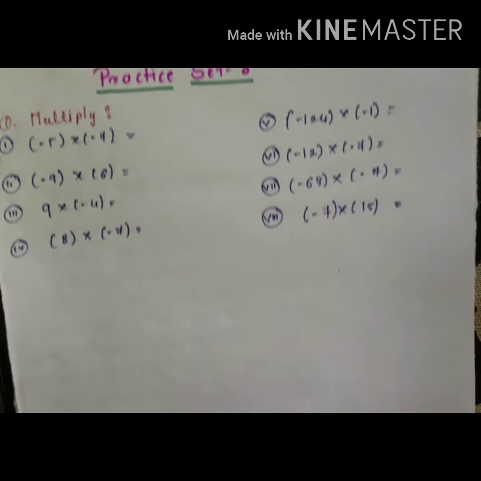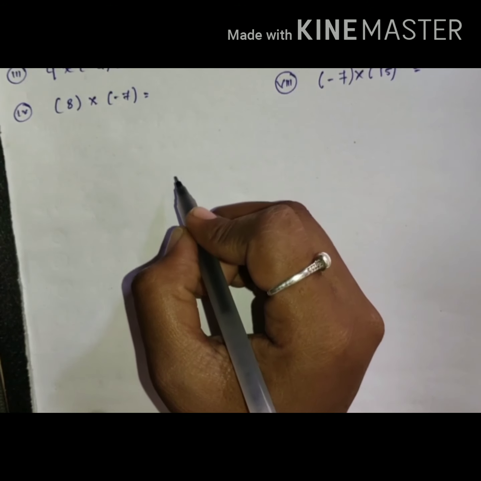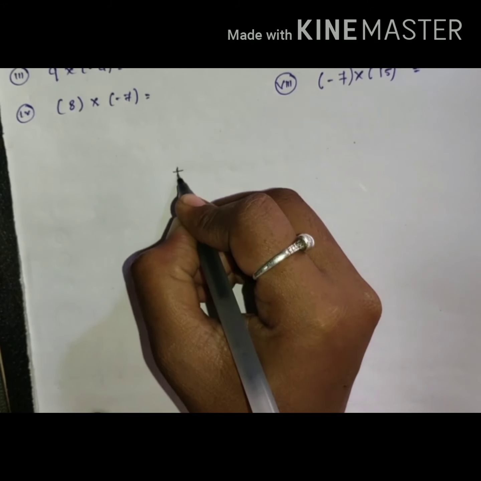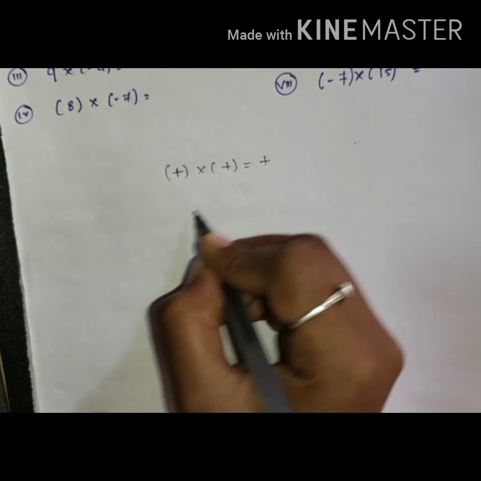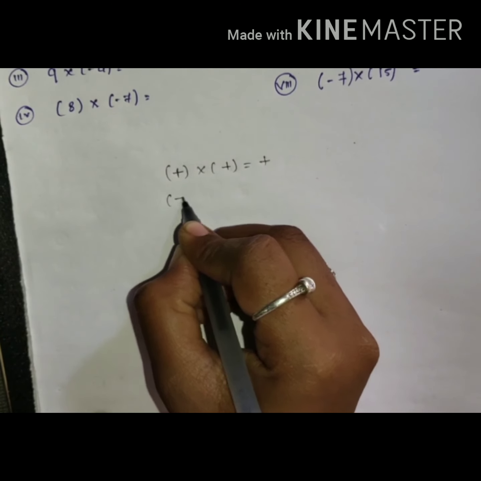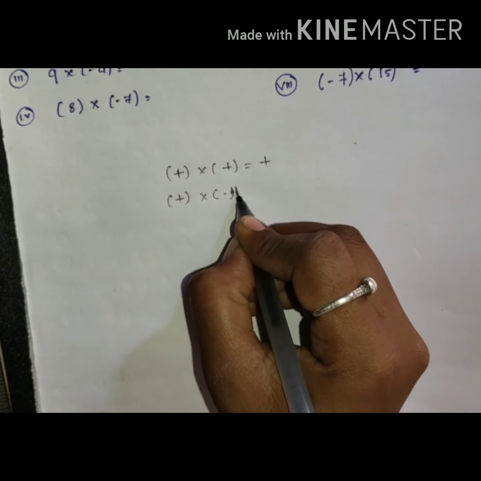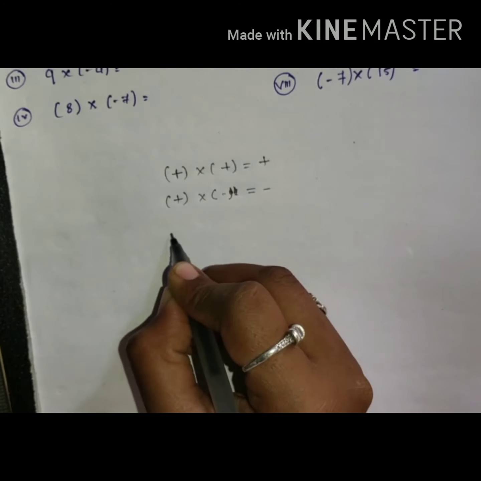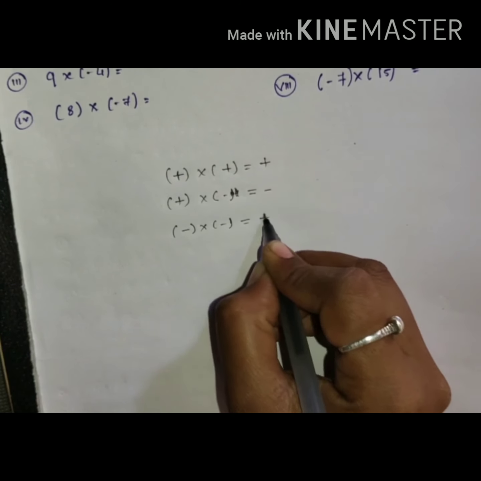Students, you can observe in the rules that the product of two positive integers is always a positive, the product of one positive and one negative integer is always a negative, and the product of two negative integers is always a positive.